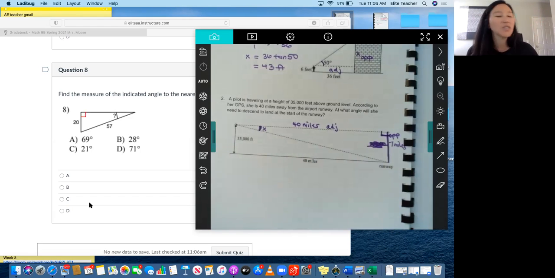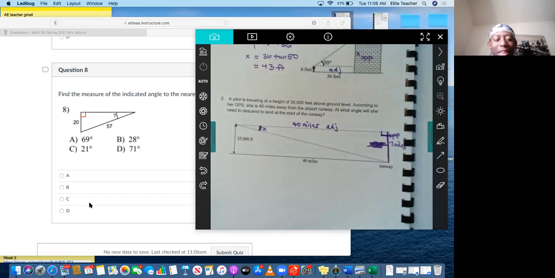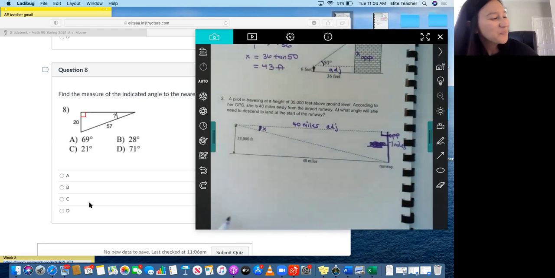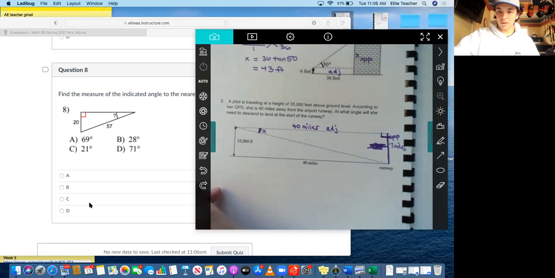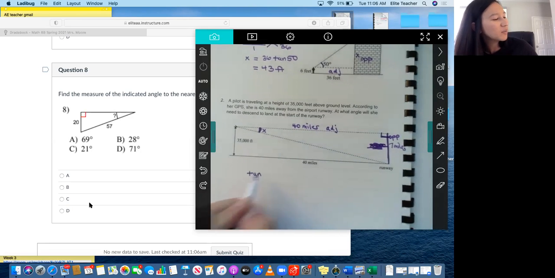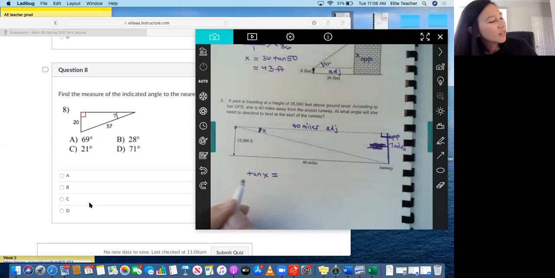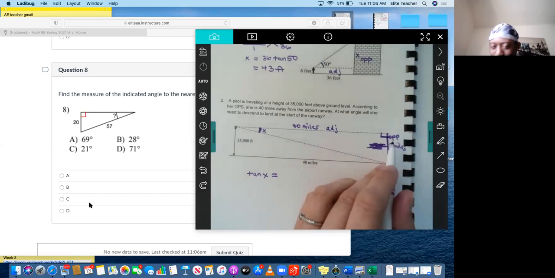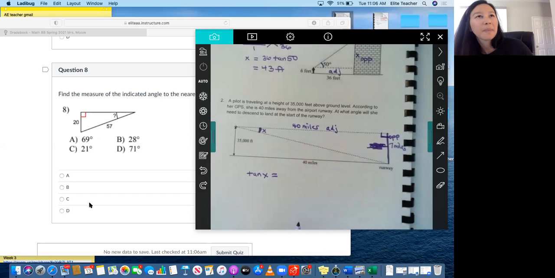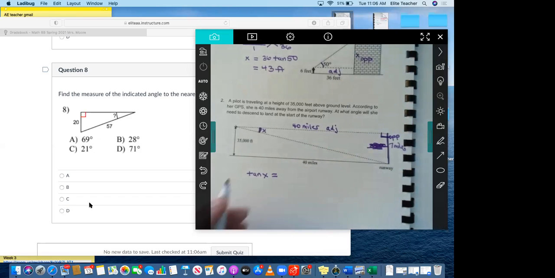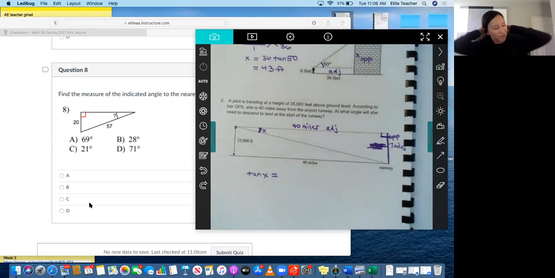Anyone? Doesn't have to be you, Jamie. Please, anybody else, please. Tangent. Anyone know? If I'm looking correctly, it would be tangent, no? Yep, you're right, Rick. It would be tangent because we have the opposite side and the adjacent side. So we're going to divide. I'm making sure you know how to identify the sides before we leave.